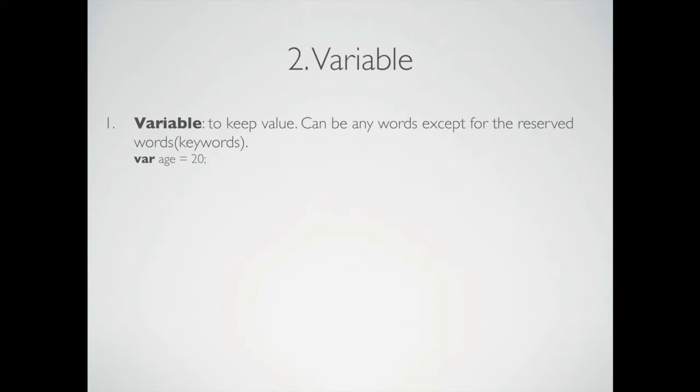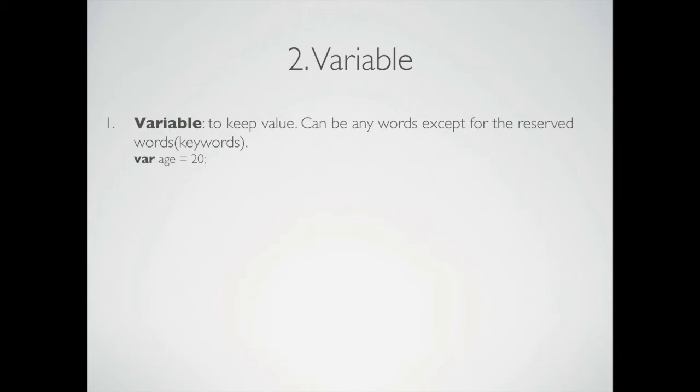The second concept you need to understand is variable. Variable is a thing you use to keep your value. So here, var age equals 20. We saw it in the last slide. It means we define a variable called age, and the value of this variable equals 20, and var is short for variable. So var is a keyword that you use to create a variable.